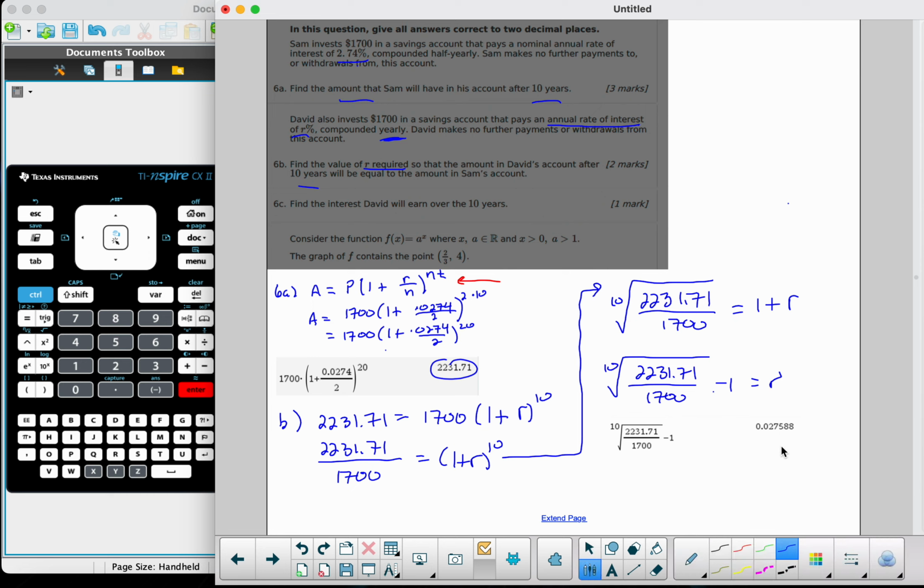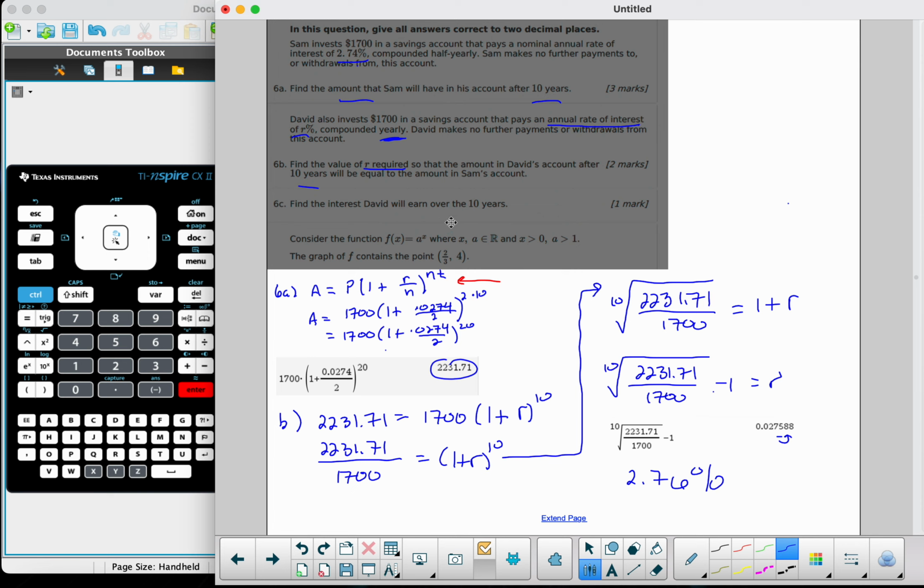So the interest rate as a percent, we're going to move that over. That would be 2.7125, but to the right of the 5 is an 8, so the 5 rounds up to a 6. So 2.76%.